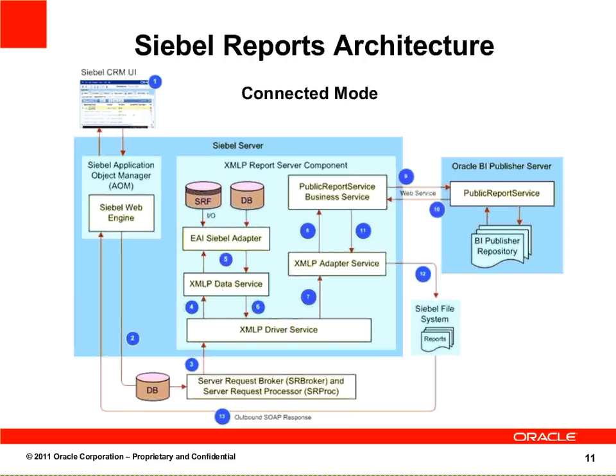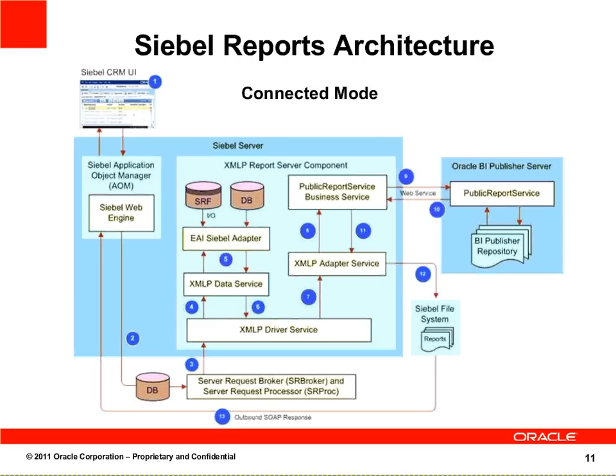So now this web service has some methods. One of the methods is called the generate report method. So that report method gets called, and as a part of that method, there are some special arguments, some parameters which are passed. All of this information goes over to the BIP server on the right-hand side. It gets processed here.